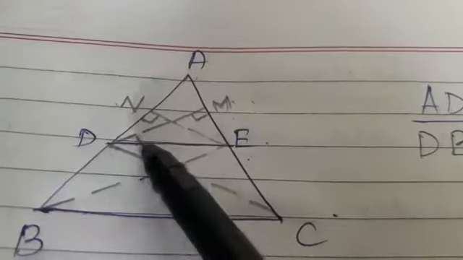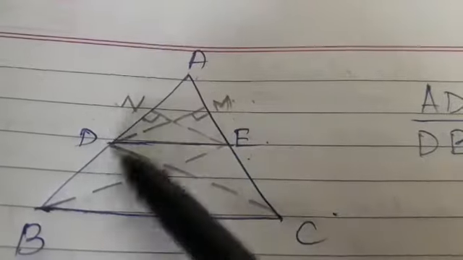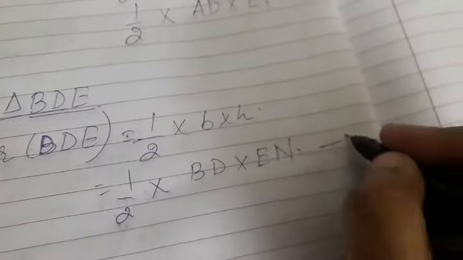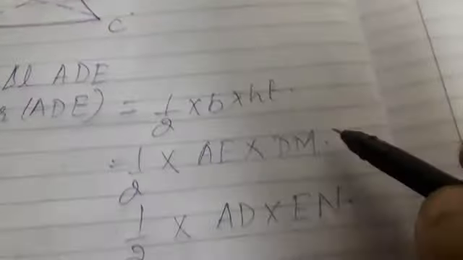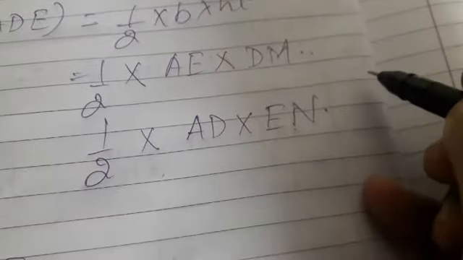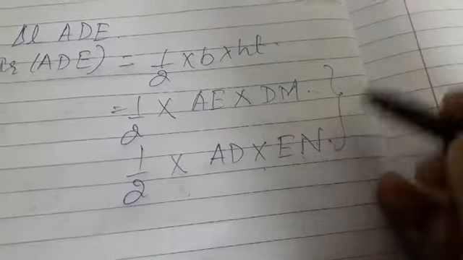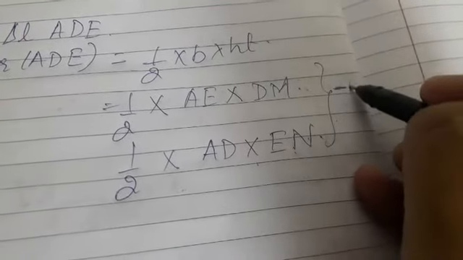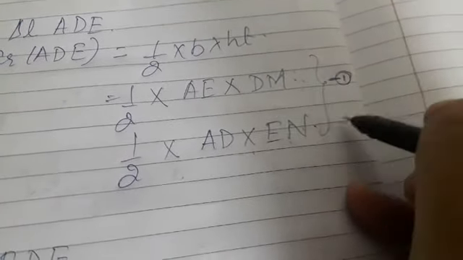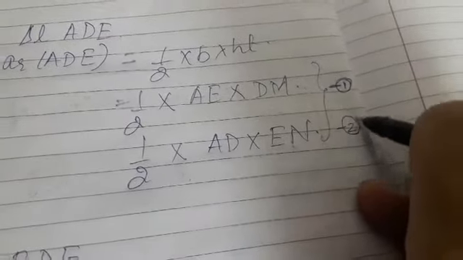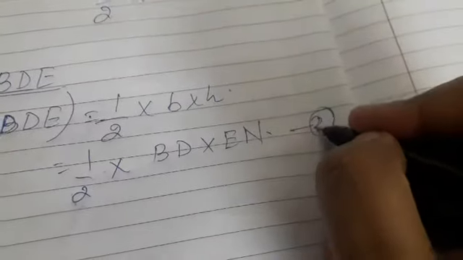BD is the base. Now this is number 2, and whichever of the first ones we need, we can take; I take this as 1, this as 2, and this as 3.